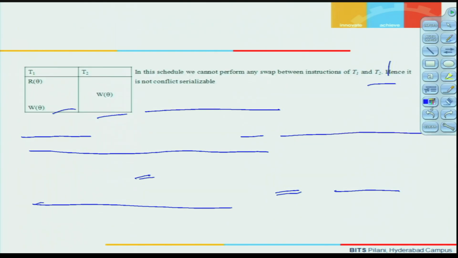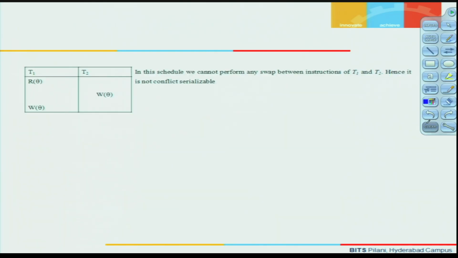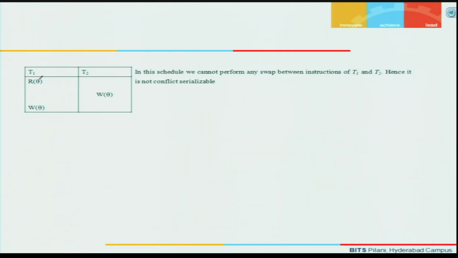If you look at this schedule, it is a concurrent schedule because I have transactions T1 and T2, and they are being executed in an interleaved fashion. Let us assume that Q is the data item. T1 is reading the data item Q, and then T2 is writing the data item Q. Is there any swapping possible here?